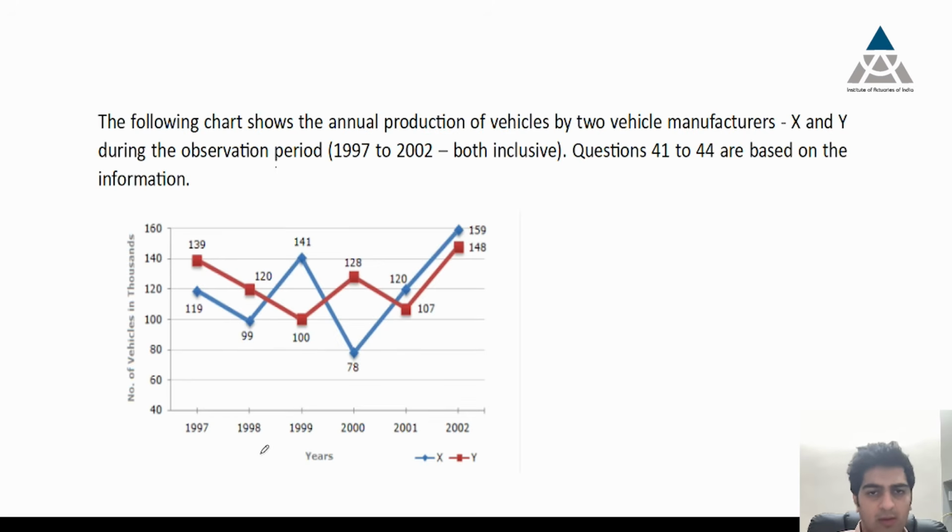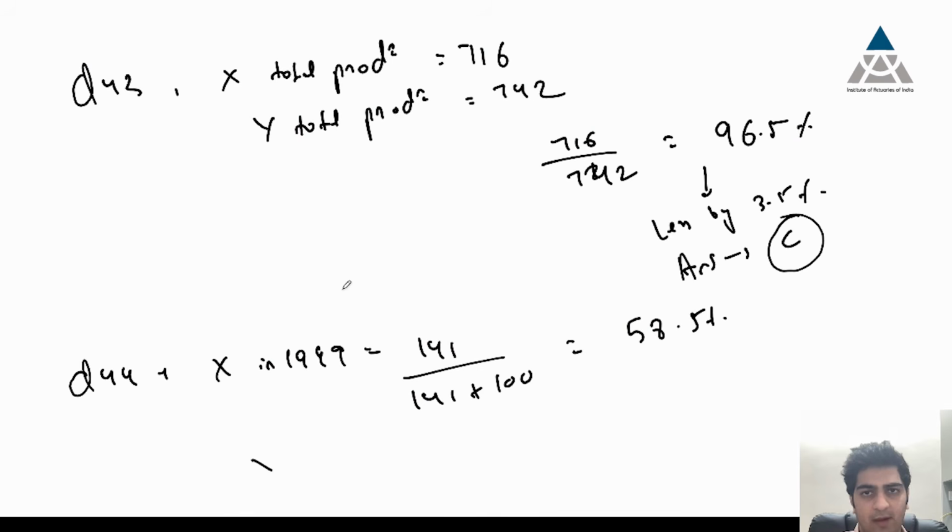And now let's look at 2000. So in the year 2000, Y had more sales than X, so you just need to calculate for Y now. So 128 over 128 plus 78. So Y in 2000 would be 128 over 78 plus 128. And if you calculate this, 128 upon this will be 206, right?